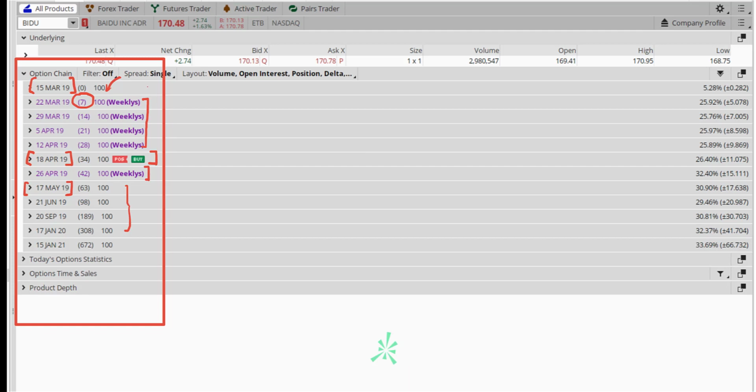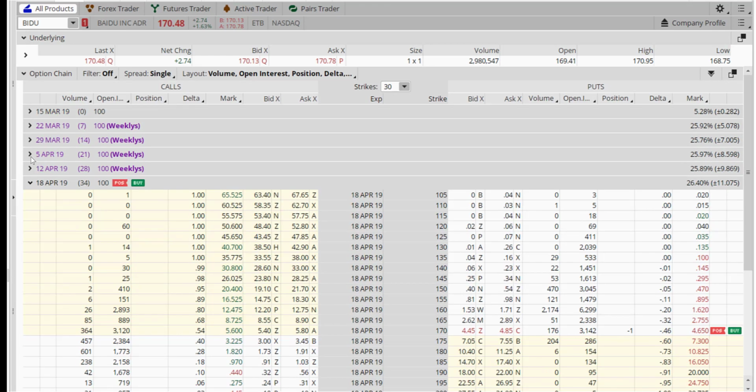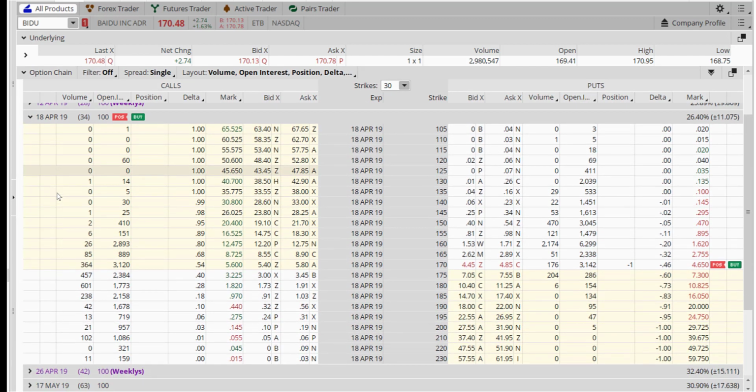Now let's dig deeper into each contract and get some more information around what's shown underneath each contract. So let's expand 18th April 2019. First thing, and a very important thing, is the list of strike prices. So strike prices are listed here.